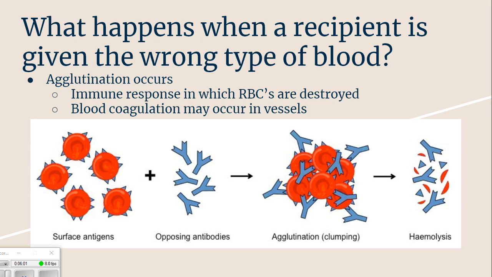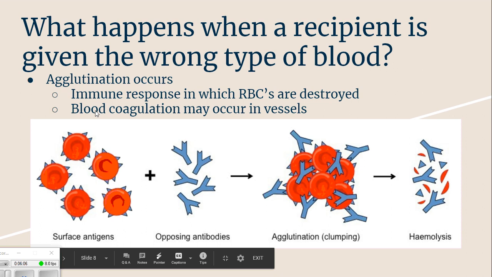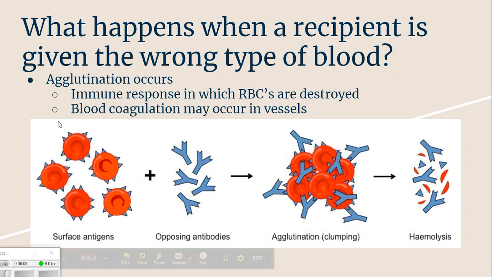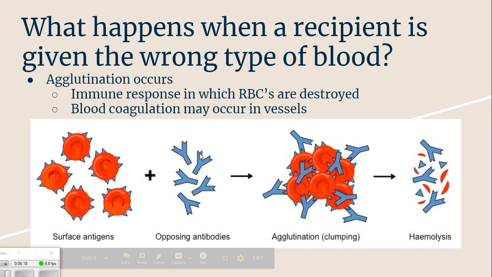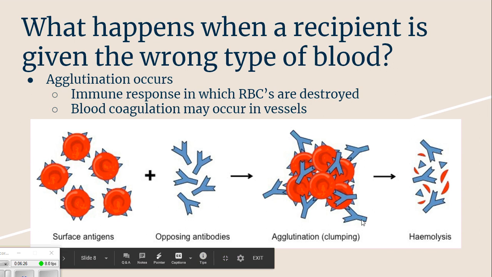But ultimately what happens is, if you have those red blood cells coming in that have the wrong type of surface antigen, this person here has antibodies that would recognize these proteins here on the cell surface. These antibodies are going to bind to that cell surface, and this will cause this agglutination to occur. And agglutination is just a fancy way of saying clumping.